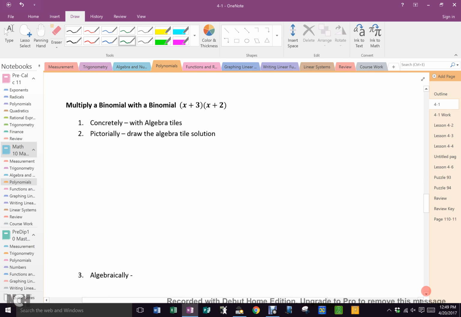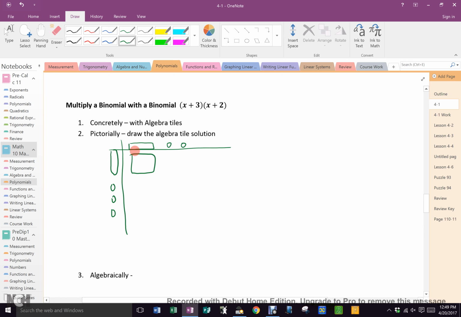So now we come to this situation, which is slightly different. What's different about this? I got binomials on both walls, don't I? So one wall has x plus 3, and the other wall has x plus 2. What's this one going to be?